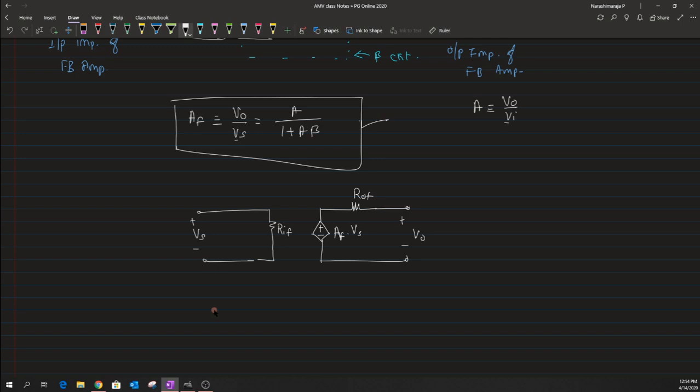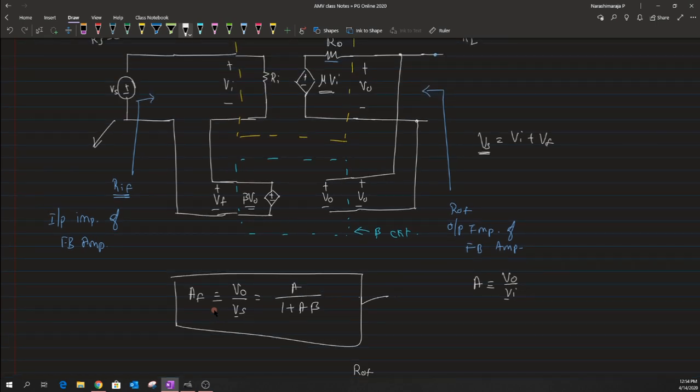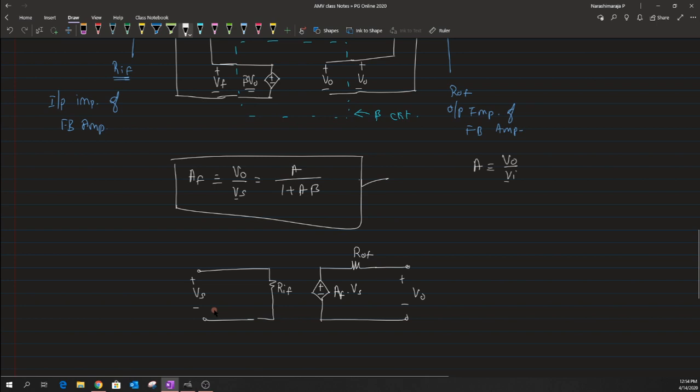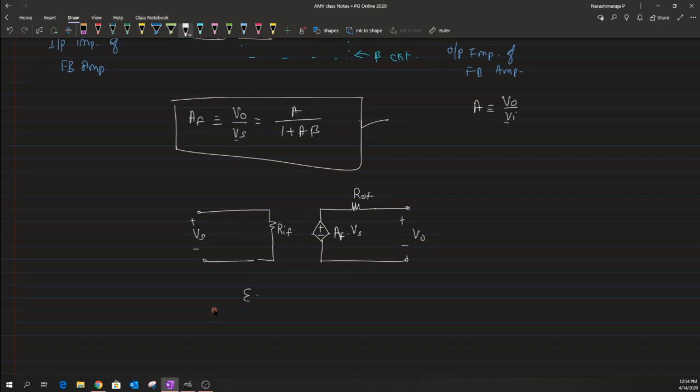Okay. So this is a simplified version of the same network that we had here. Okay. So in this case, we have different components contributed from the basic amplifier as well as the feedback network, whereas the figure that has been shown is just an equivalent circuit model.